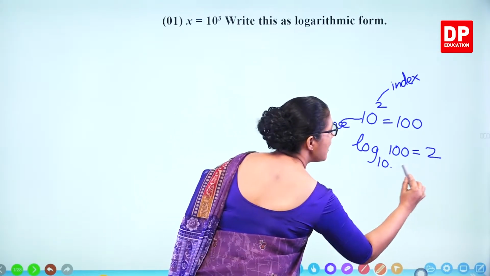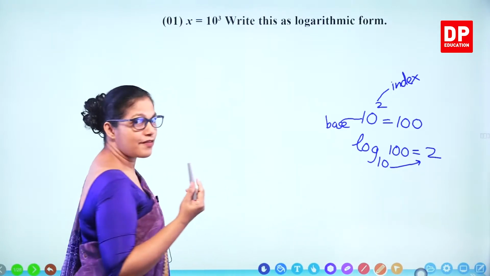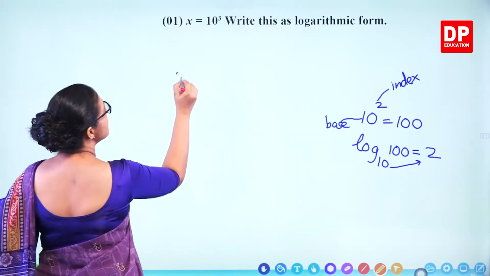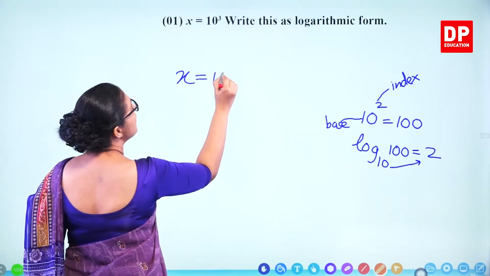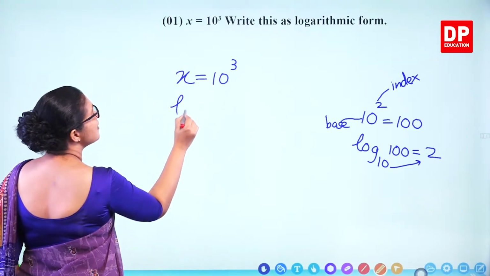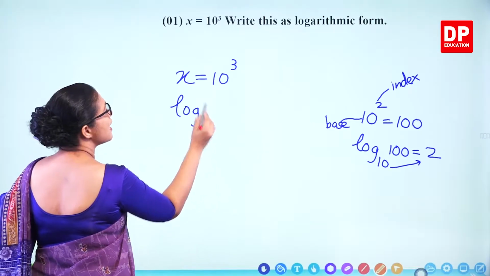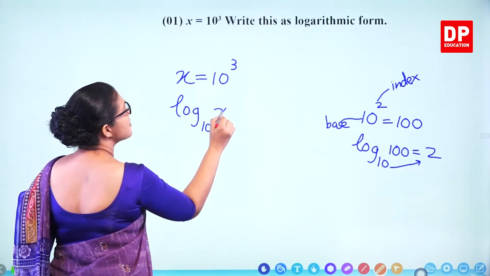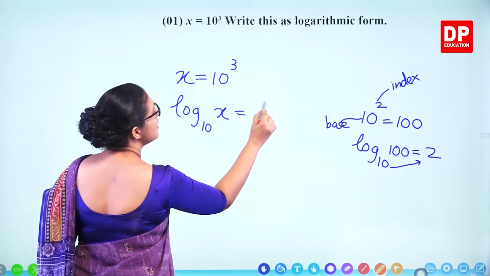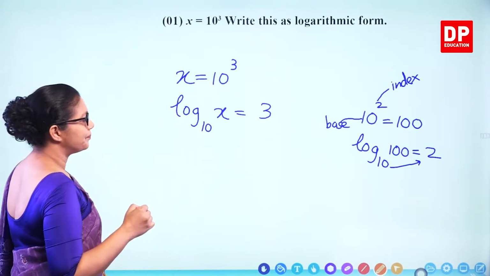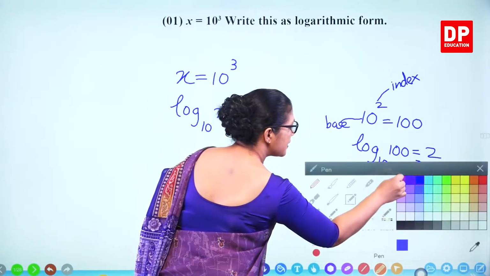So likewise, x is equal to 10 to the power 3. Base is 10, so 10 goes there. The number x is equal to the index. So you get 2 marks for that.